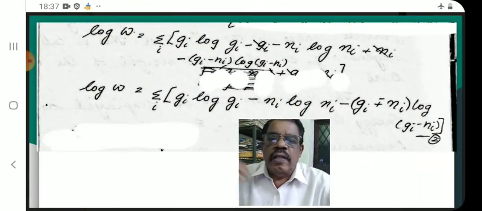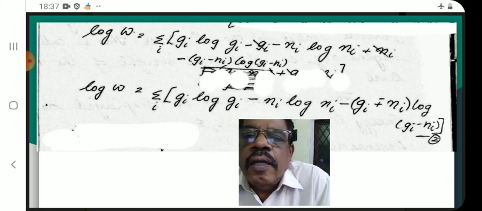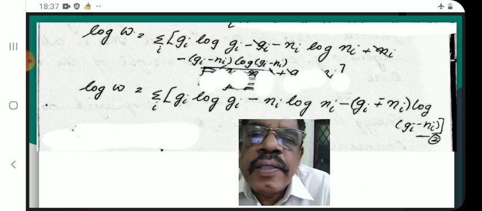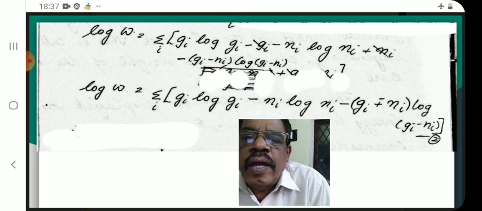Again, the remaining simplification: log W is equal to Gi log Gi minus Gi, remove the bracket, minus Ni log Ni plus Ni, minus (Gi minus Ni) log (Gi minus Ni).